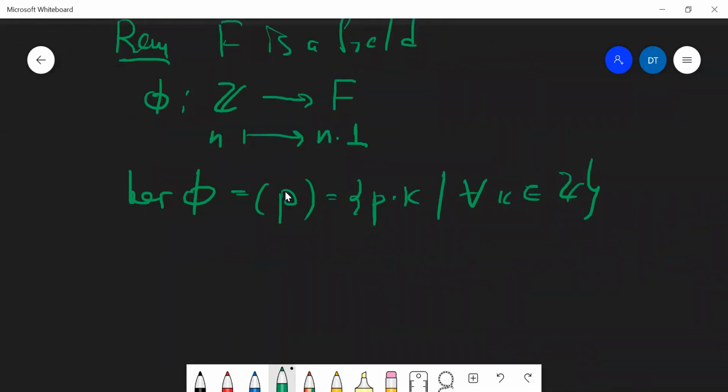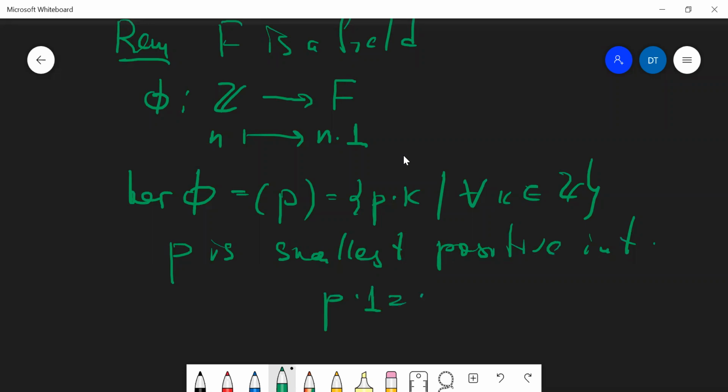P is actually the smallest possible integer such that P times 1 equals 0. So just by definition of the kernel, if we take it to be positive, then P is the smallest positive integer such that P times 1 equals 0.